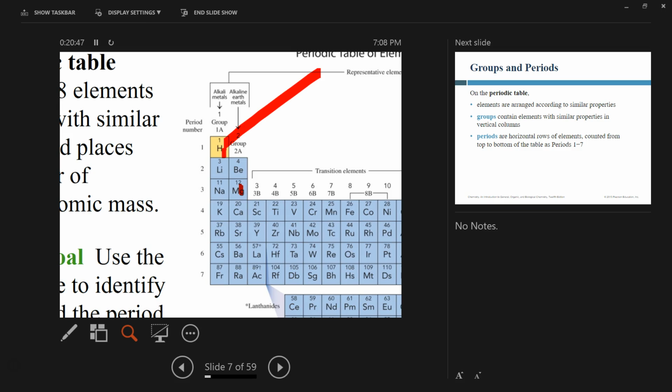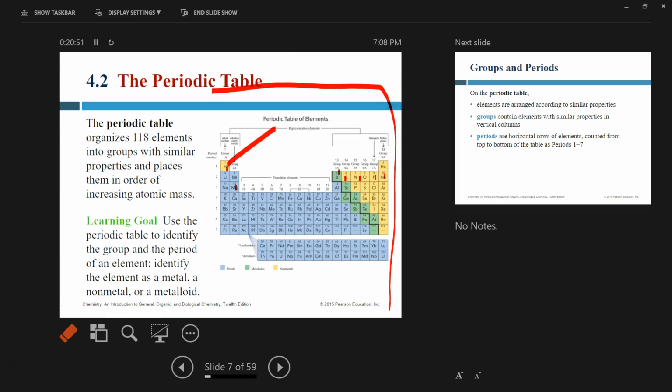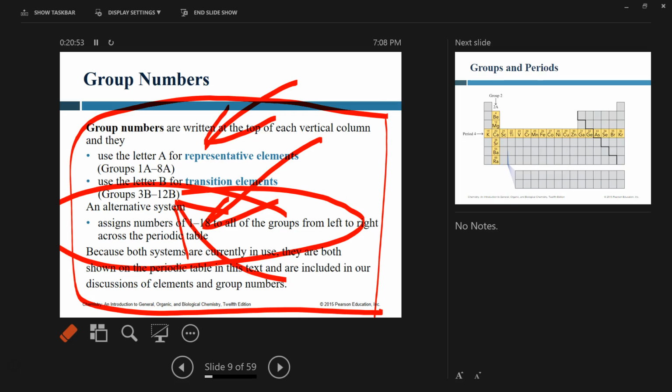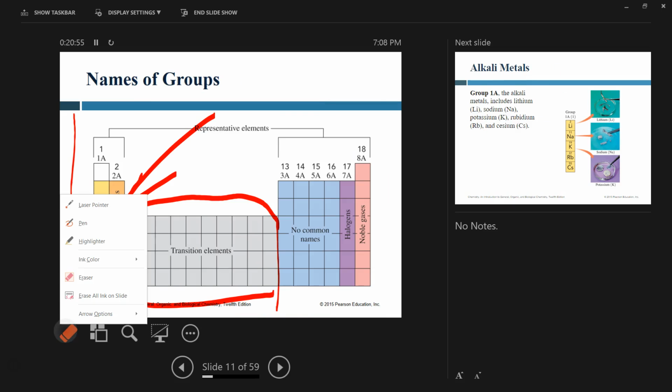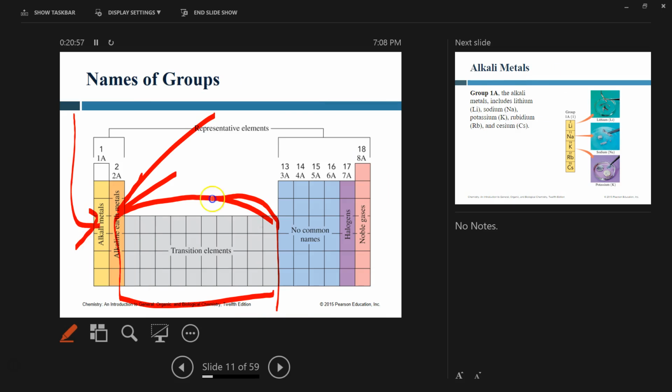Okay? So what makes those elements transitional? Why we call this part of the table transition elements.